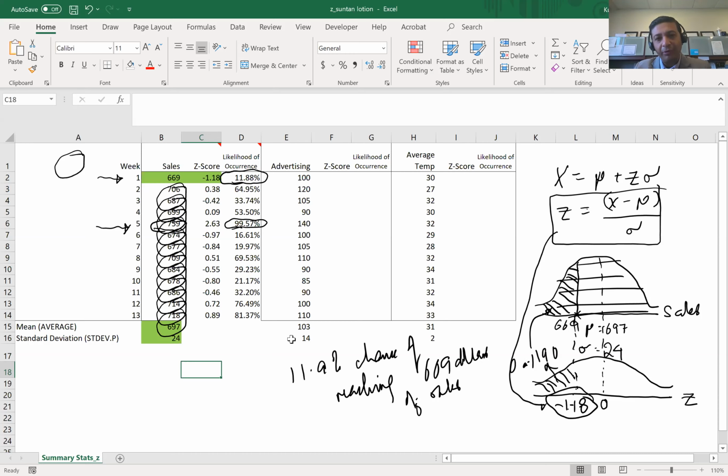So as an example, if Dr. B is the sales manager, and this is a suntan lotion, so it's a seasonal product, and I'm trying to see, as long as I meet 65% of the area is covered, then I will consider that as a good sales number.